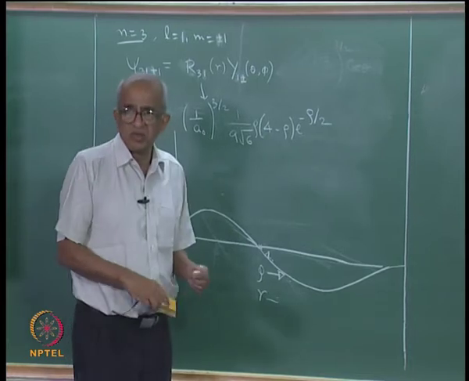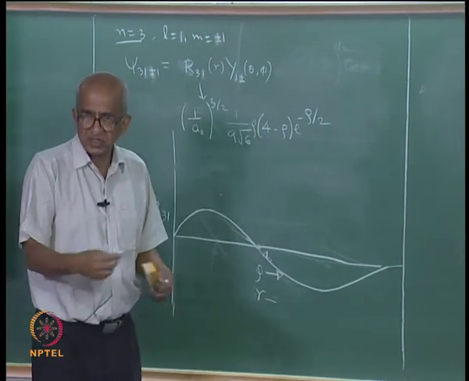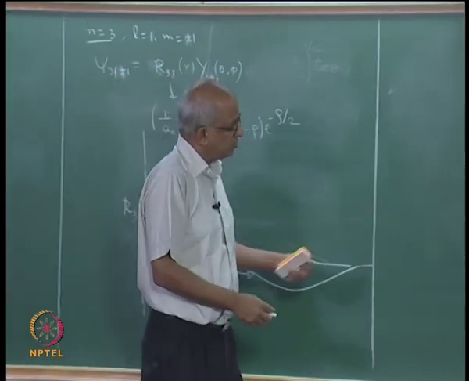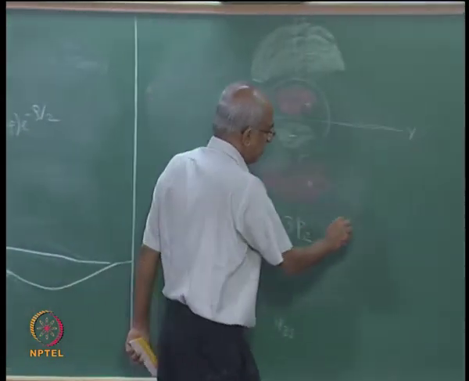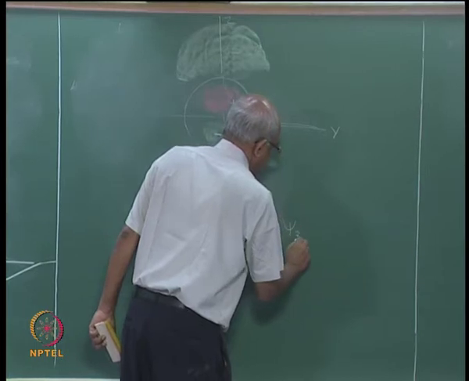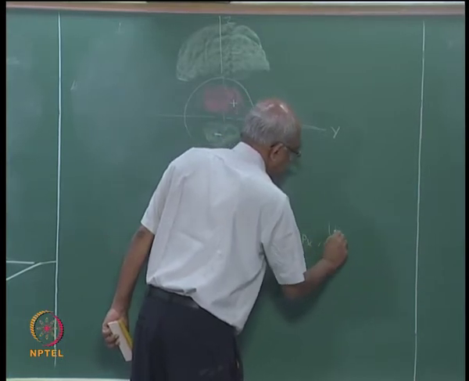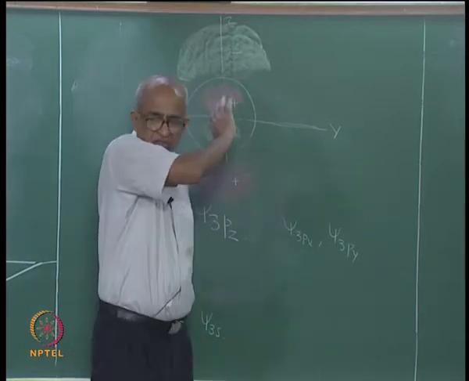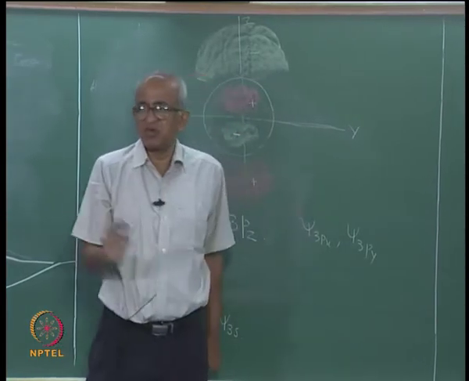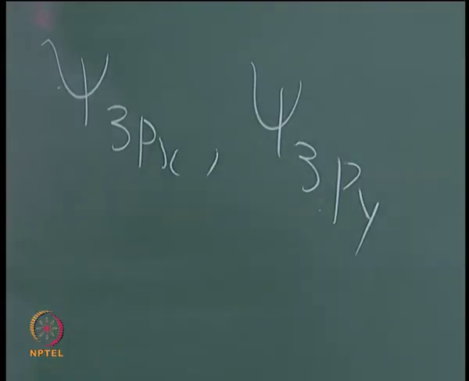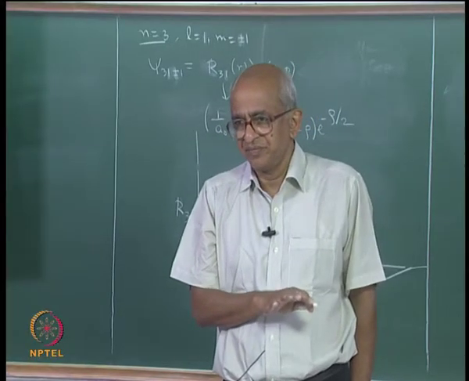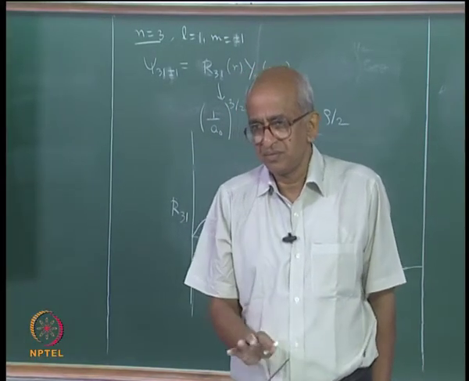So, we make use of functions which are real, and eventually you are going to get 2 other atomic orbitals, psi 3 p x and psi 3 p y. Their appearance is the same as this one except that they are oriented along the x or the y axis, that is all.